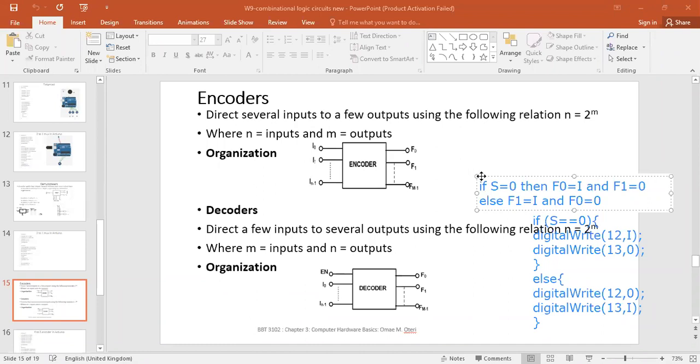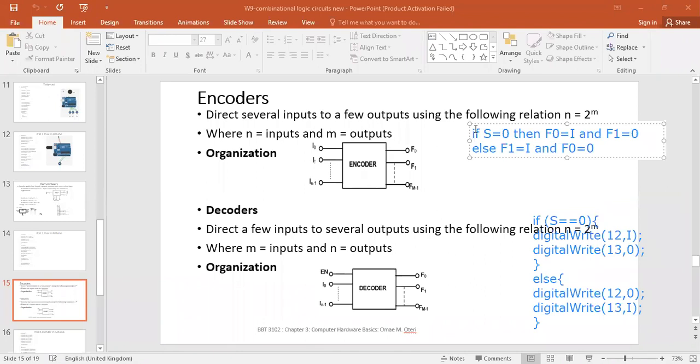So if we put it in pseudocode form, this is what we do. I will have 2 inputs which are given by I1 and I0. Both of them are equal to 0.